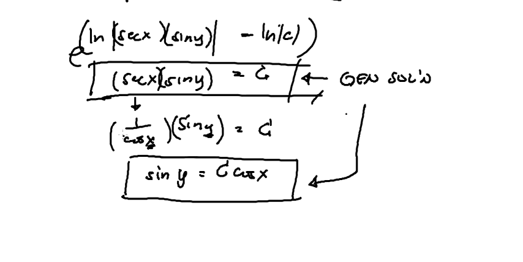But we can separate these terms with y and x by multiplying cosine x to the whole term. So we can cancel this out with remaining sine y, and then by multiplying c to cosine x we have c cosine x, and that leads to our desired general solution of the given problem.